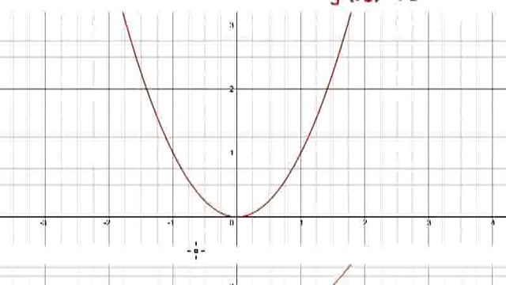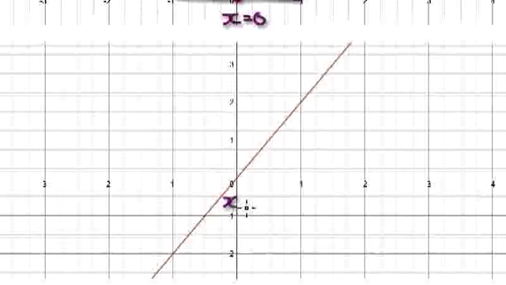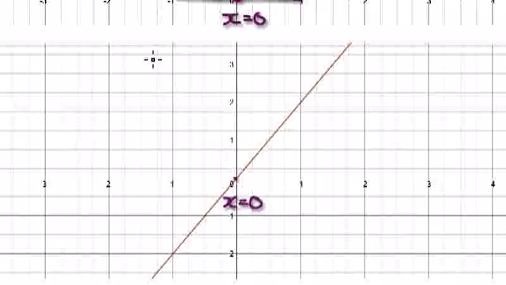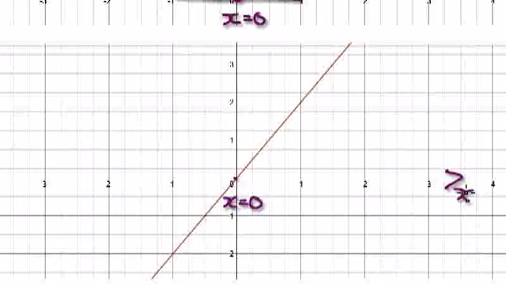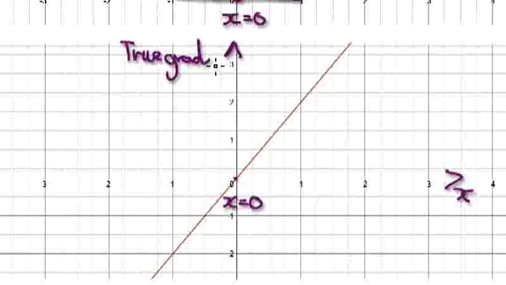If you want to know the gradient at this point here, which is x equals 0, you can see that the gradient here is 0 because it's flat. Now, don't forget, this is our true gradient graph, a graph of x and true gradient. So when x equals 0, you can see that the true gradient is 0.